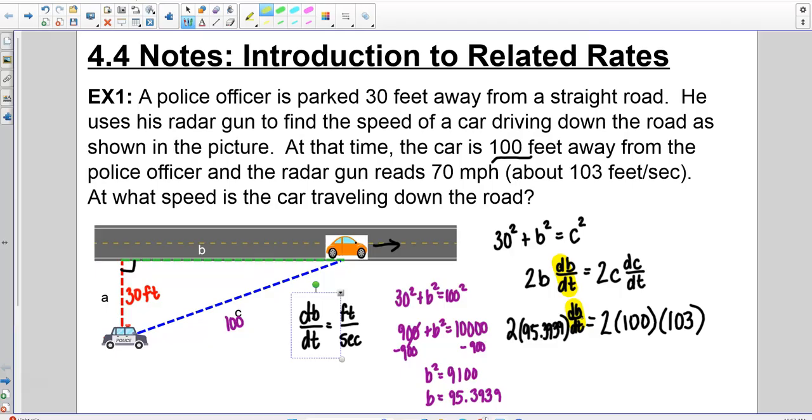So if I multiply 2 times that 95.3939, I get 190.788 dB dt, and that's going to equal 2 times 100 times 103, which is 20,600. And last step, I just have to divide here.